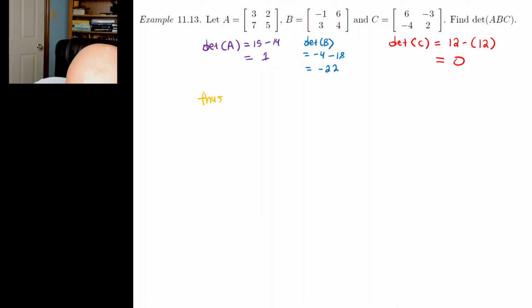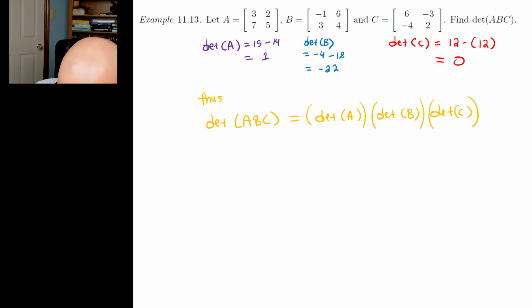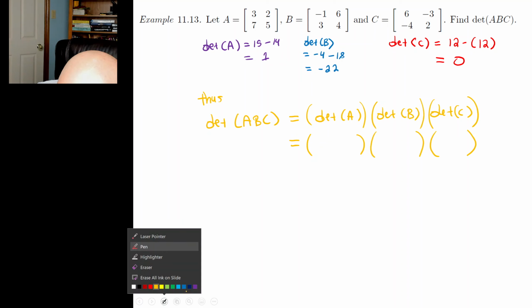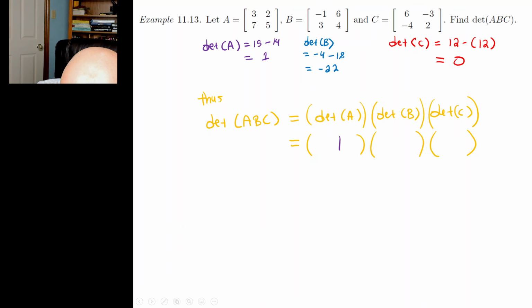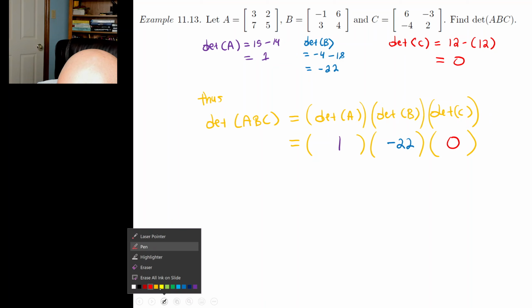Thus, the determinant of ABC is equal to the determinant of A times the determinant of B times the determinant of C, which is going to be 1 times -22 times 0, which is a big, juicy 0.